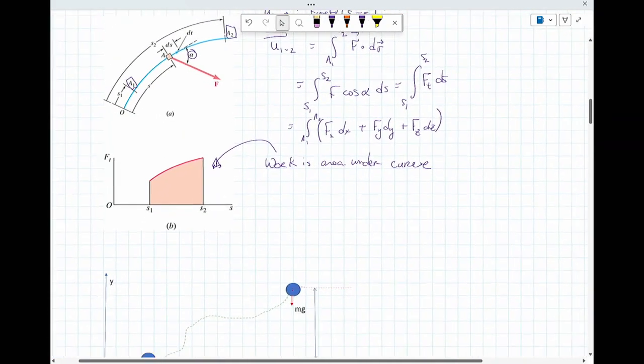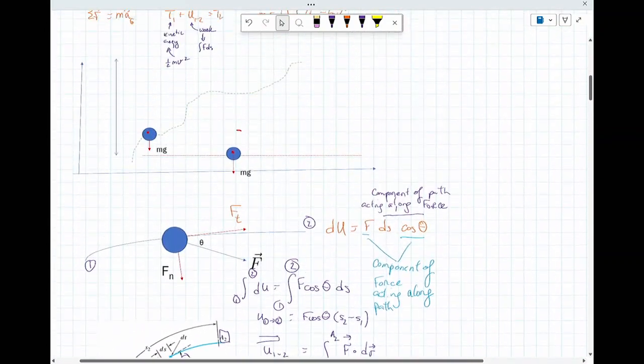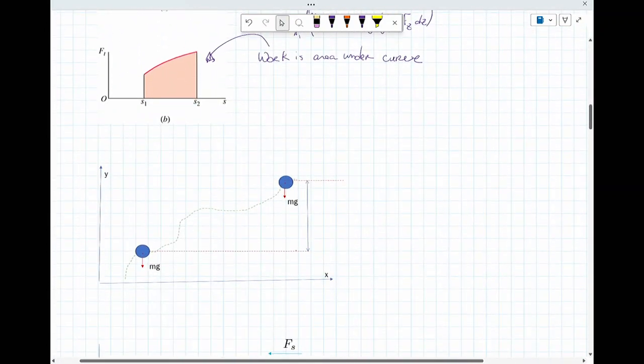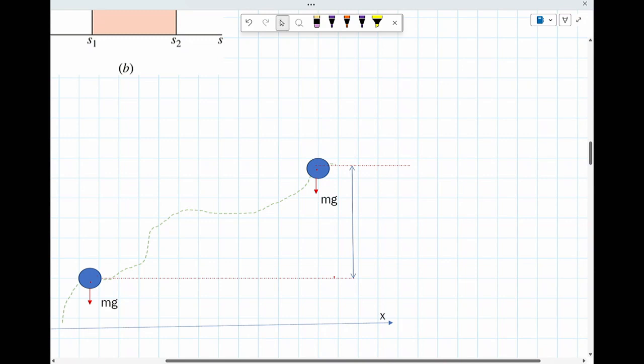So let's look at something like this. I have a particle and the weight is acting downwards. I'm not worried about how it's moving. I'm just worried about what happens at the beginning and the end of the path. So it starts here, it ends up there, or it goes the other way. Either way, it doesn't matter.